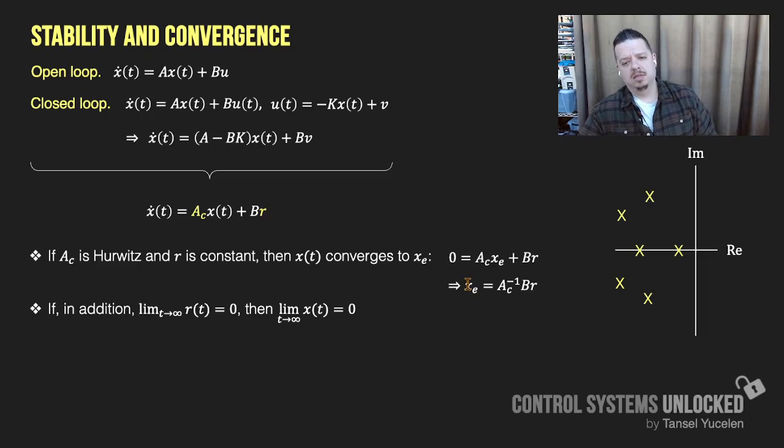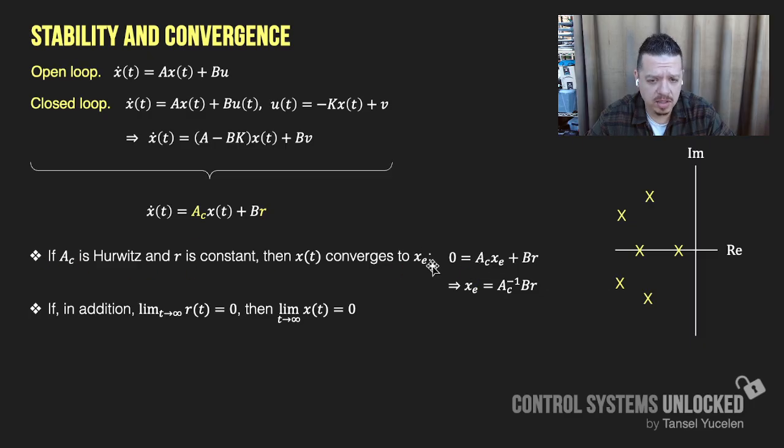Later in the series, of course, after making A_c Hurwitz by a proper design, unless your system is open loop stable, if your matrix A is already Hurwitz, you can still play with eigenvalues if you're not happy about how fast the settling time, the convergence time is, but it will still converge. So this is how you calculate the x_e point.